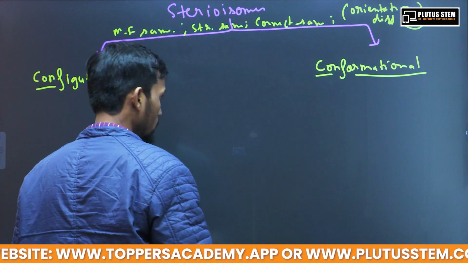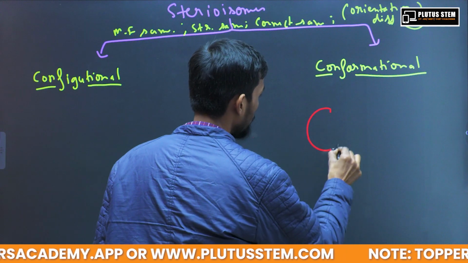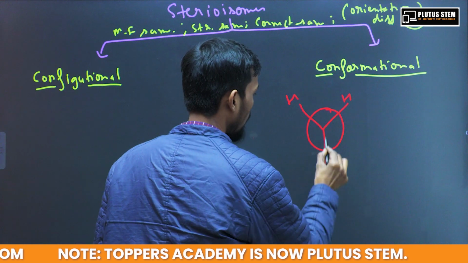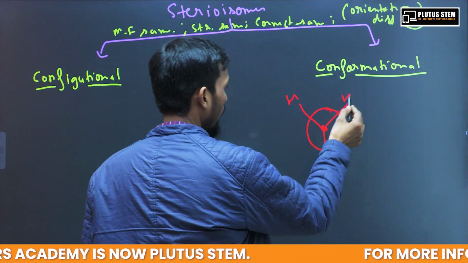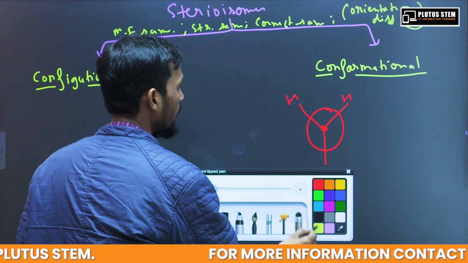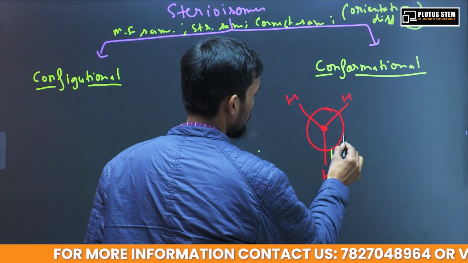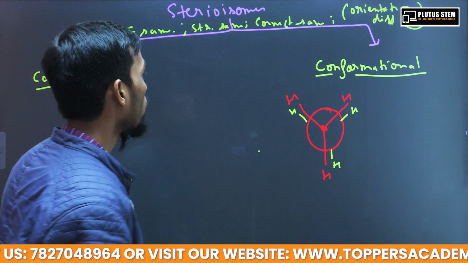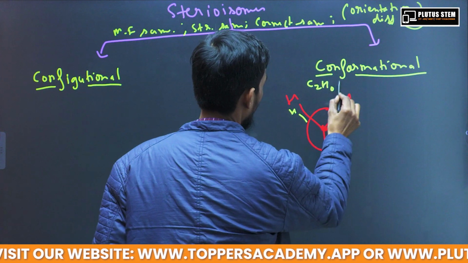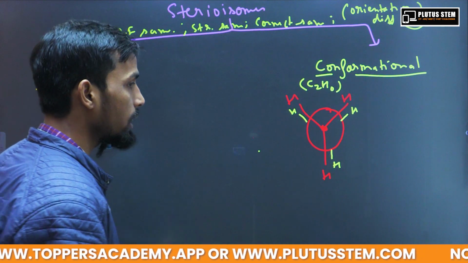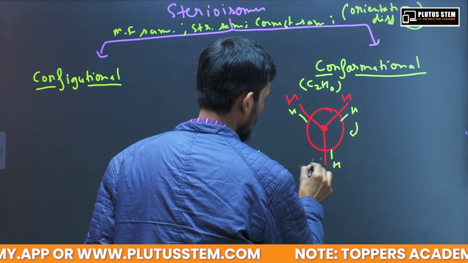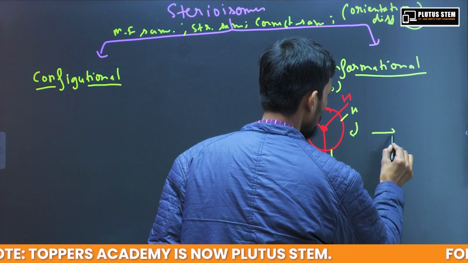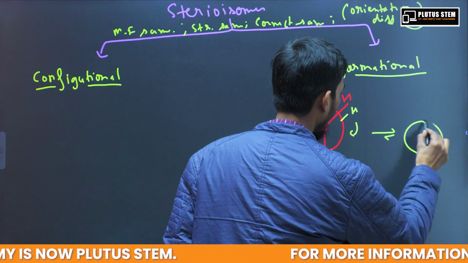So I will show you one example. Let's say this is our carbon 1 and these are the 3 hydrogens, and if we take another hydrogen that is below the plane, this compound is C2H6. If we rotate this, some rotation takes place over here, and this compound moves like this.